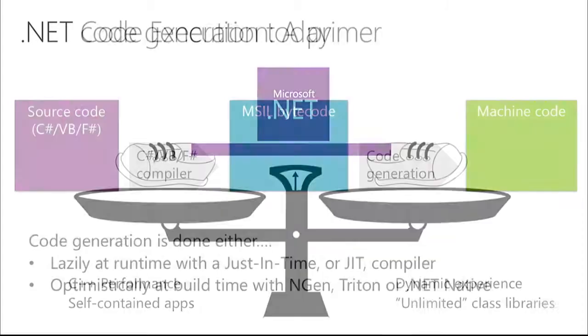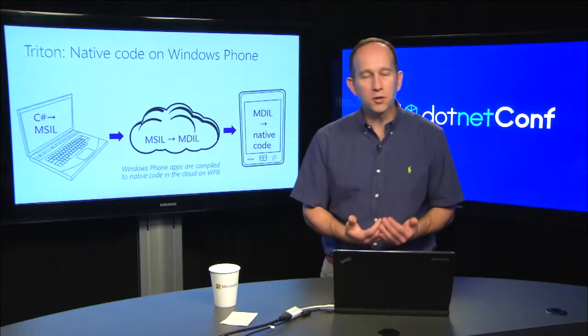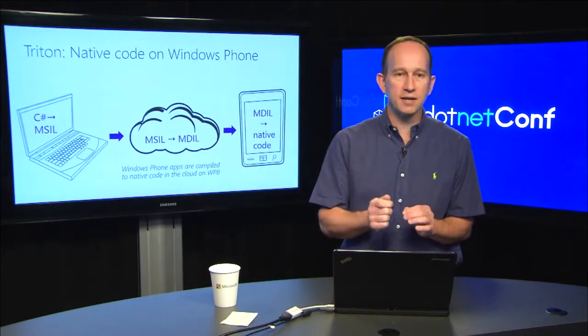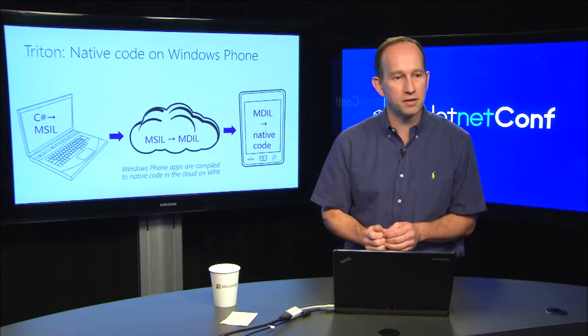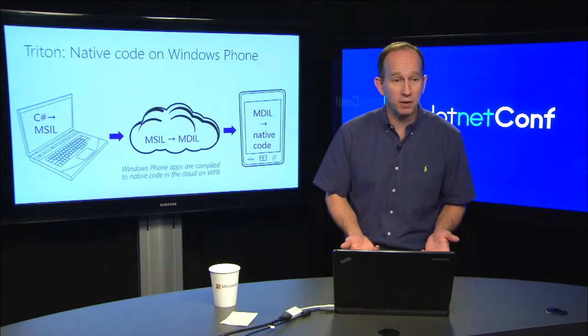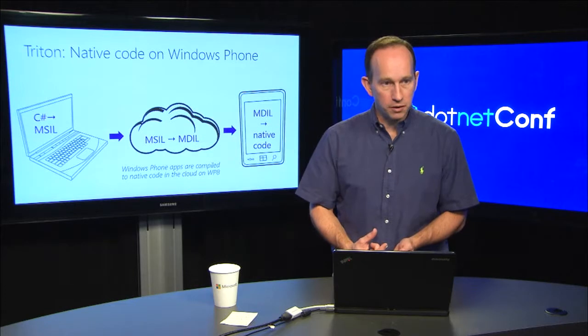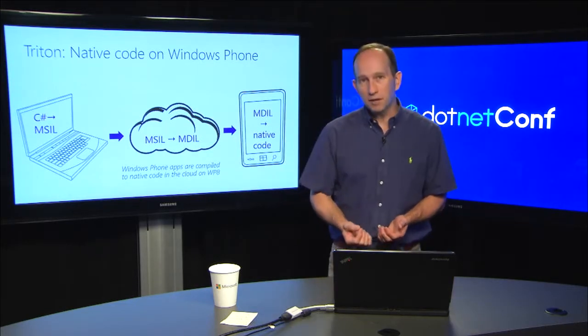With Windows Phone, we introduced a concept of MDIL, a machine-dependent intermediate language. MDIL is still an intermediate language because it's not an actual runnable application at this point, but it's machine-dependent. So if you were to take a Windows Phone application in the store as it is, before it gets downloaded to the user's device and bound into an actual functional application, what you would see is a stream of ARM assembly code and then a number of fix-ups.